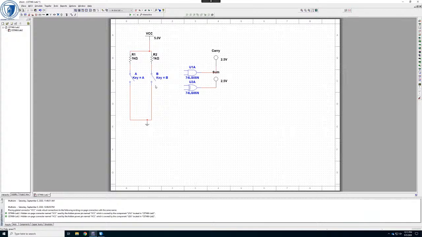What this does is the voltage here is now 5 volts. The reason it's 5 volts is because even if I connect it to one of these inputs, inputs on logic devices are very high impedance.